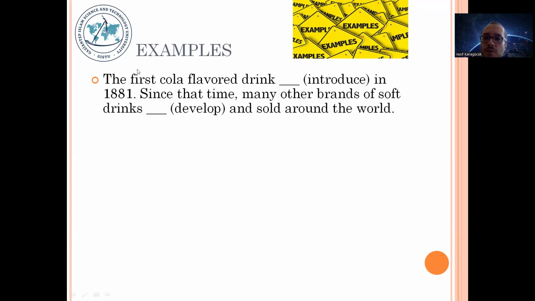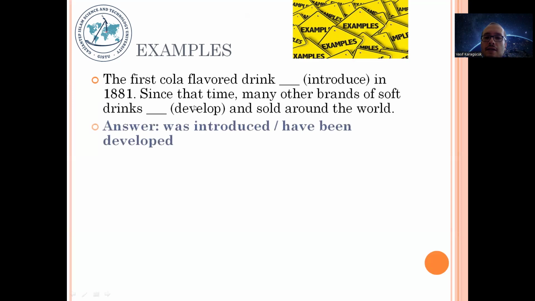The first sentence should be in simple past, and the second sentence should be in present perfect, because we have since. So our answer is, the first cola flavored drink was introduced in 1881. Since that time, many other brands of soft drinks have been developed and sold around the world.